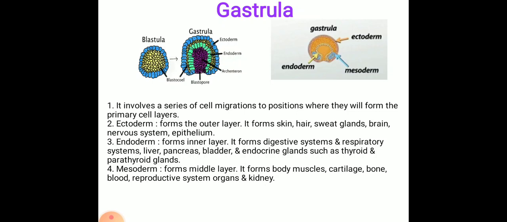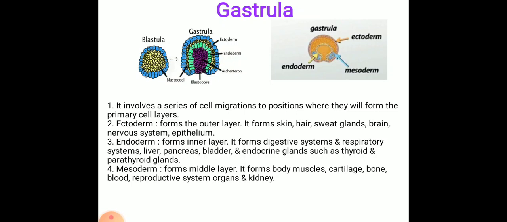So where is the blastocoel present? The blastocoel is present in the blastula. Then the gastrocoel is present in the gastrula. The gastrocoel is also called the archenteron. So where are the three germ layers present, blastula or gastrula? Gastrula. Good. In the gastrula there are three germ layers: ectoderm, endoderm, and mesoderm.